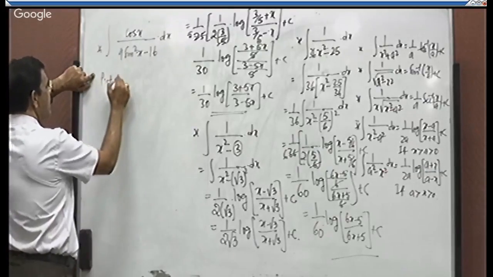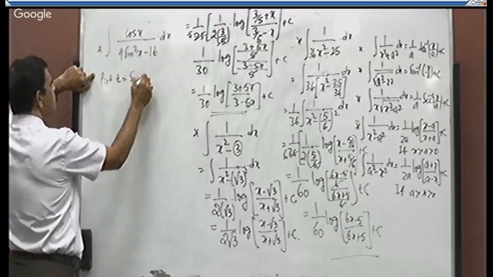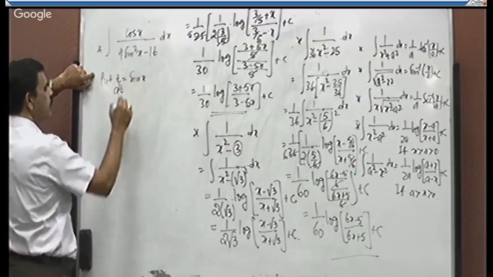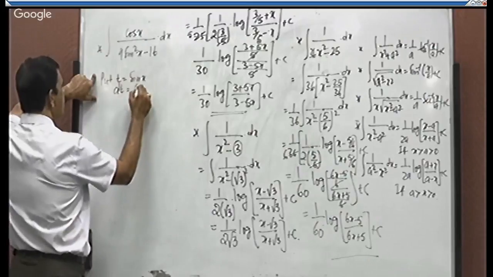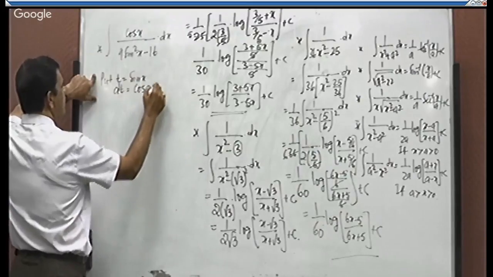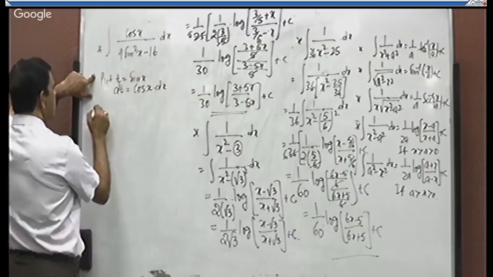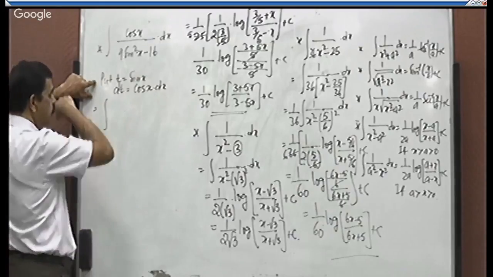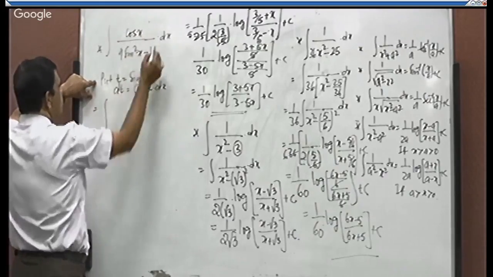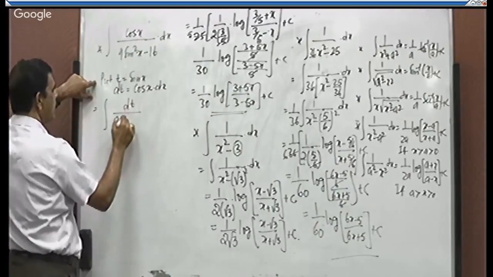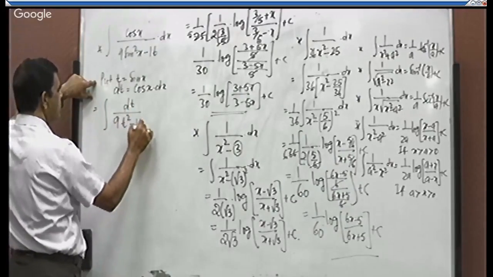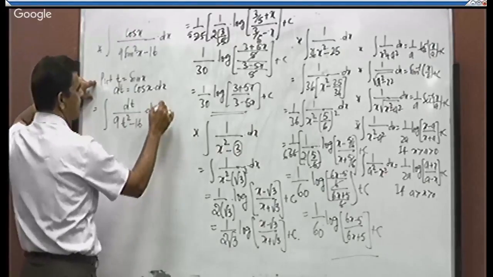Put t is equal to sin x. If I differentiate this with respect to x, dt is equal to, differentiation of sin x is what? It is cos x into dx. Then the problem reduces to cos x dx is dt divided by 9 t square minus 16.